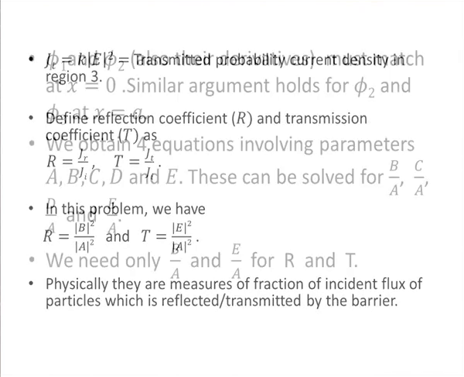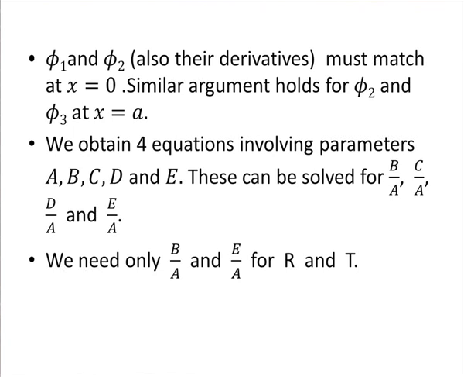Now, we have one more thing, that phi 1 and phi 2 and also their derivatives must match at x equal to 0, and similar arguments hold for phi 2 and phi 3 at x equal to a.